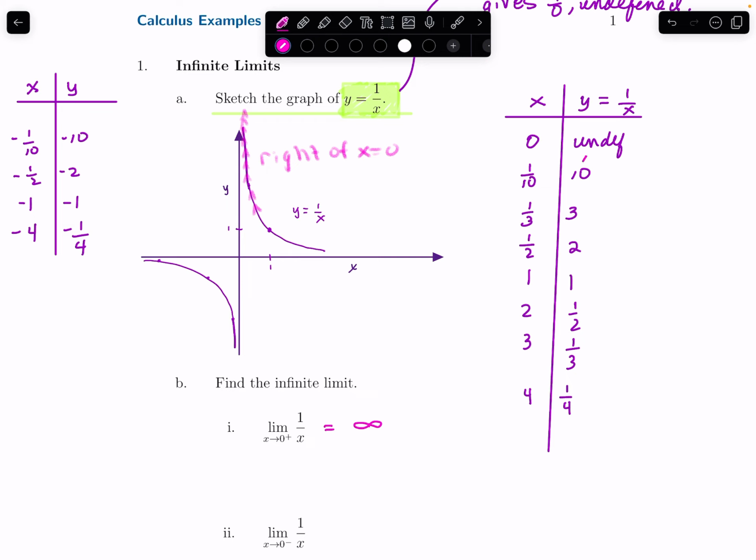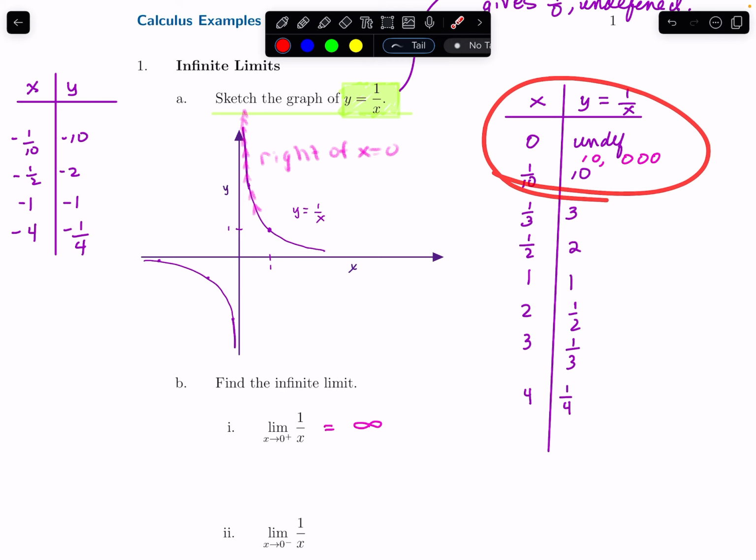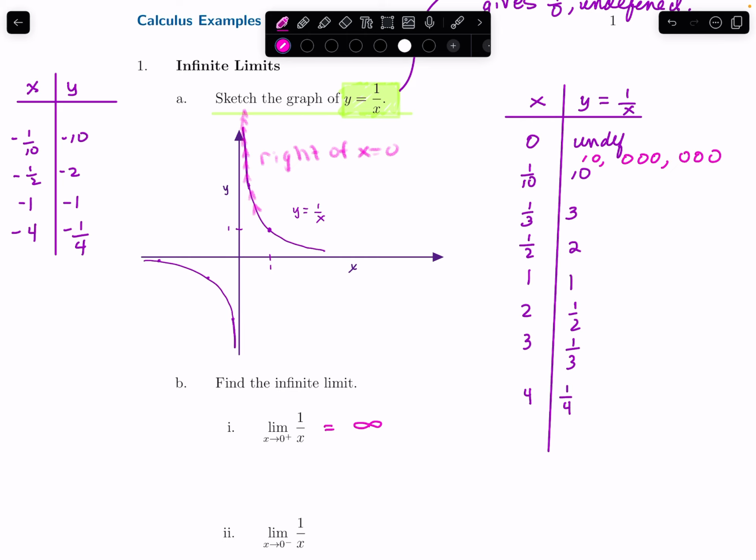What if I wanted y to be 10,000, or let's make it 10 million? It's pretty simple to see: to make y 10 million, I just make x 1 over 10 million. So I certainly can make y as large as I want by making x close to 0. So that's what we mean by infinity.